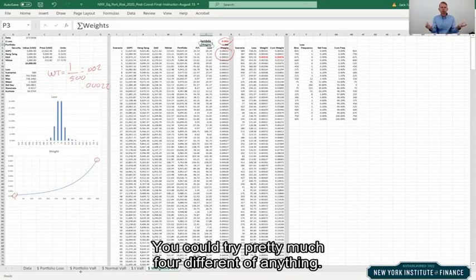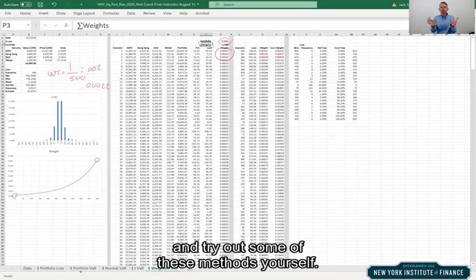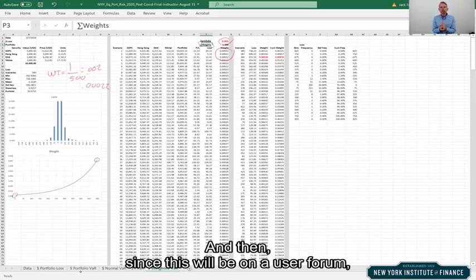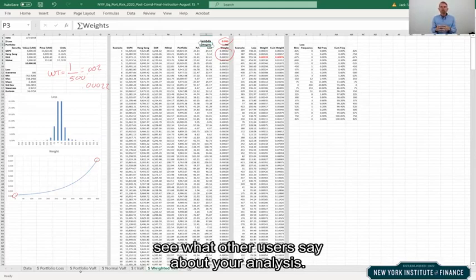You could try pretty much 4 different of anything, or you can try even more assets than that, and try out some of these methods yourself. And then, since this will be on a user forum, try sharing that with other users on the forum and see what other users say about your analysis.